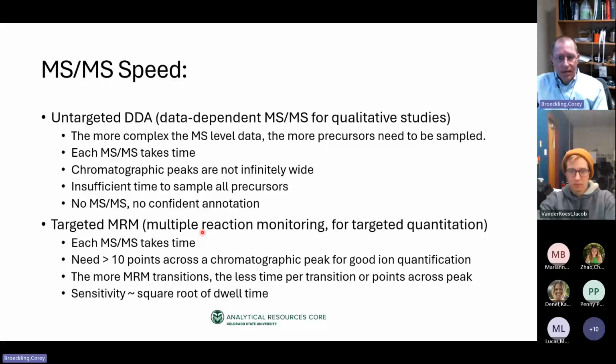And as technology has developed, and as applications have become more complex, and as biologists want to see deeper and deeper, and environmental scientists want to find lower and lower level trace level contaminants in environmental systems, it has pushed the limits of what data-dependent acquisition can do.